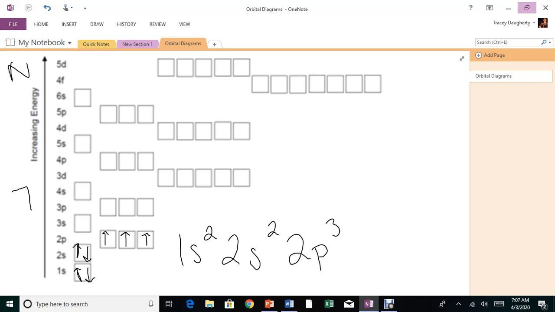And if we wanted to circle the valence shell, we filled up a p orbital. So the valence shell is the p sublevel and the previous s sublevel. So we would circle the 2p and the 2s, and your valence electrons will equal 5.